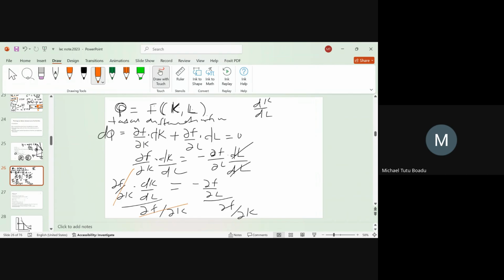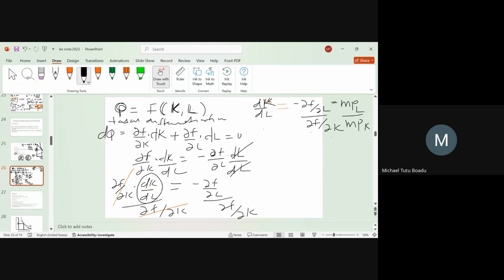So my change in K over change in L is equal to negative change in F over change in L all over change in F over change in K. Please note, change in F over change in L is the same as marginal product of labor, and change in F over change in K is the same as marginal product of capital.